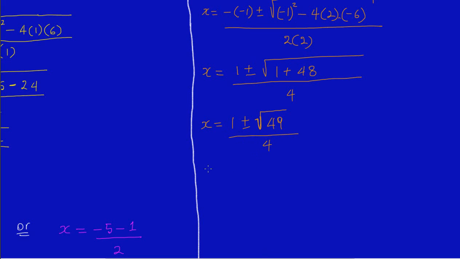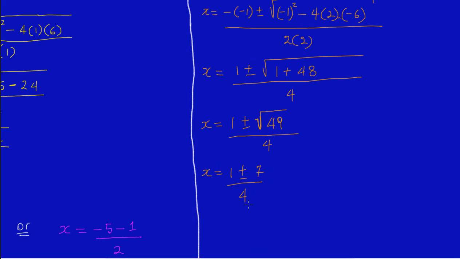Now I'm saying x is equal to 1 plus or minus, and we know that the square root of 49 is 7, because 7 sevens is 49. So I have a 7 here, and that is all over 4.